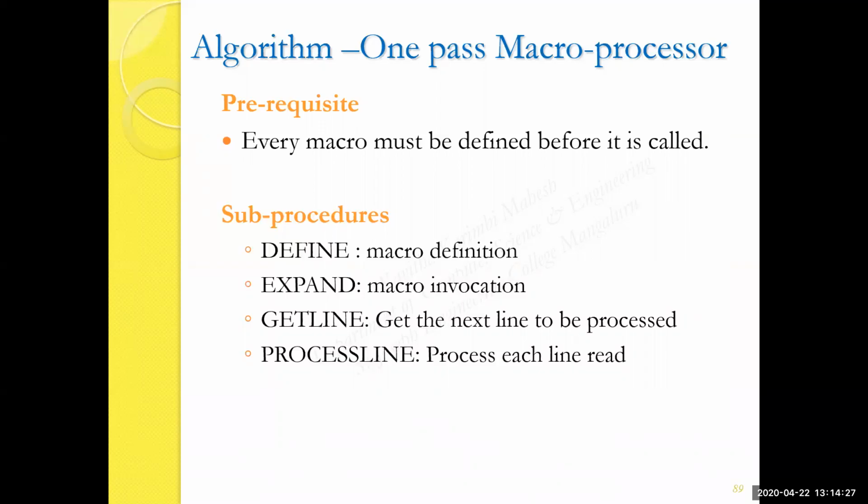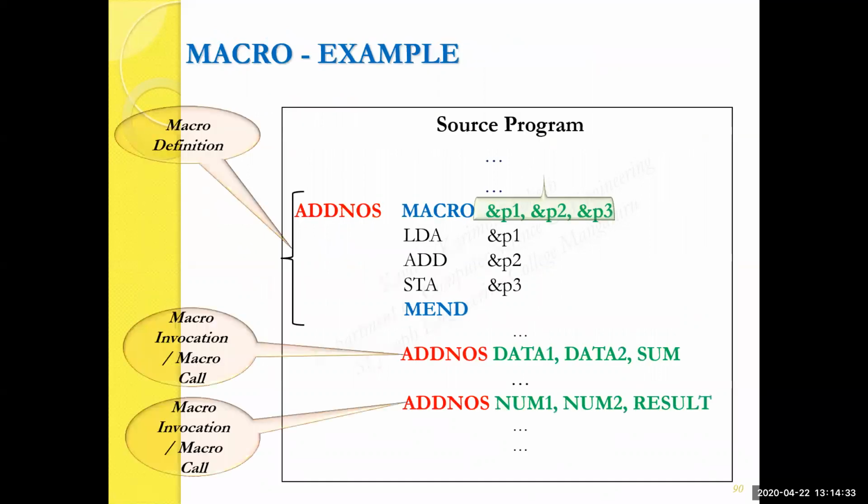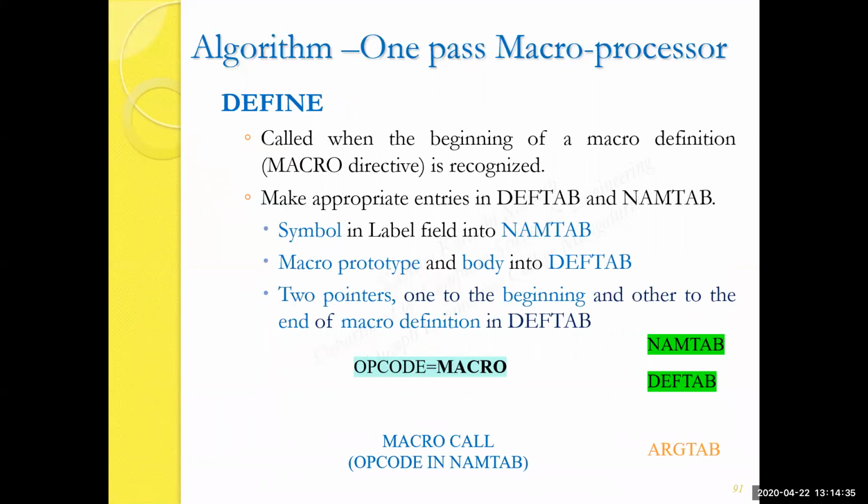Function of the processLine procedure is to process every line that is read by the getLine procedure. So we will look into detail each of these procedures, beginning with the procedure define. As I mentioned, the procedure define is called when the beginning of a macro definition is encountered, which is nothing but the directive macro.